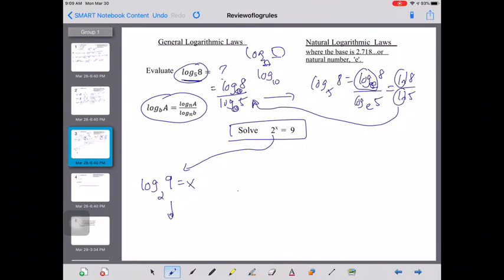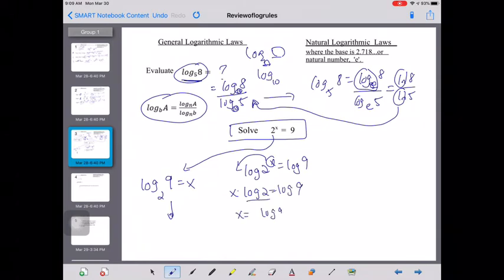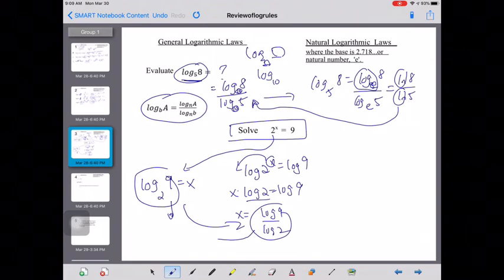Another way is you could log both sides, meaning you take the log base 10 on both sides. In this case, you can take the x and use the power law. You have x log 2 equals log 9, and then this is a constant. You're just going to divide both sides and you get this. And if you notice, this and this are pretty much the same. This is a changing base rule.